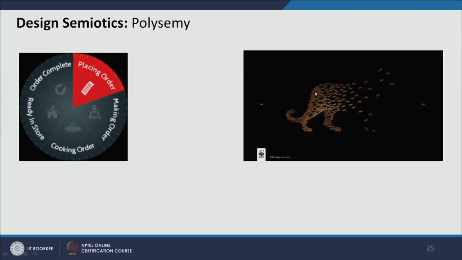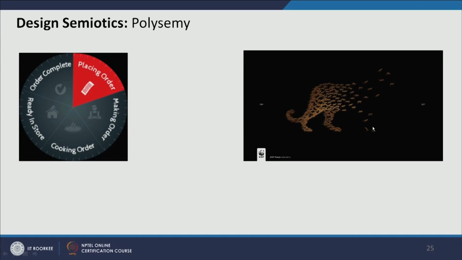Then if we start interpreting why this has been designed in this way, it could have been just a silhouette of a tiger, or just a photograph of a tiger. But we start reading from this side to that side, so our eyes also move from this side to that side, which we will discuss in the next module. Here there are a lot of tigers, a density of tigers, and the density is reduced, so it's dying.